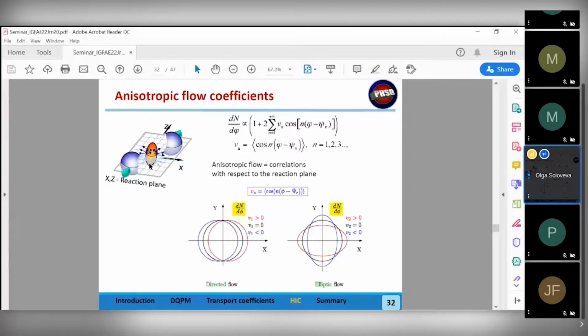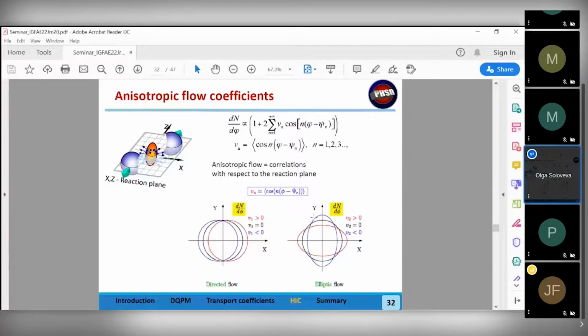For example, in the case when V2, so the second flow coefficient, or elliptic flow, is non-zero, it will correspond to an elliptic or almond shape, and depending on the sign of V2, it can be in this direction or in this direction.